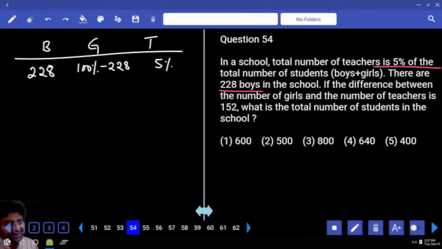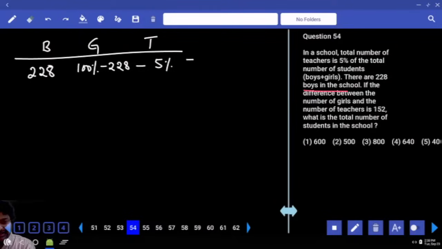The difference between girls and teachers is 152. The difference between both the numbers is 152. 100% minus 228 minus teachers 5% is equal to 152. 228 goes to the other side. 100% minus 5%, 95%, is equal to 380.